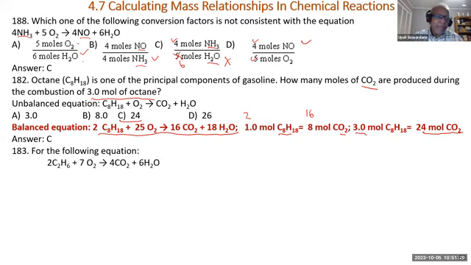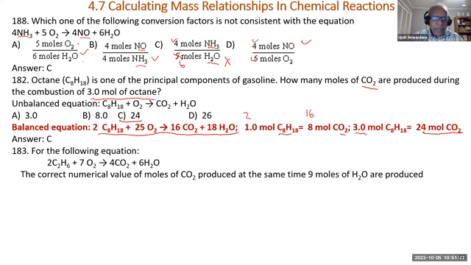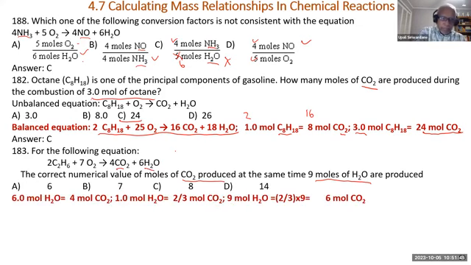There's another calculation. The correct number of carbon dioxide moles produced when 9 moles of water are produced. So you have to find the conversion factor between carbon dioxide and water. That's 4 to 6. I wrote it down here.